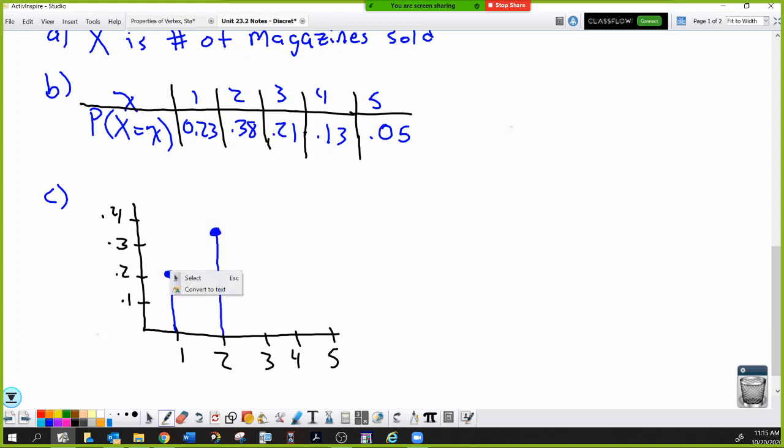I know it's ugly. 3 should be just a hair above 0.2, but a little shorter than 1. 4 is 0.13, so a little bit above 0.1. And the last one's 0.05, so halfway up to 0.1. There you go, spike graph.